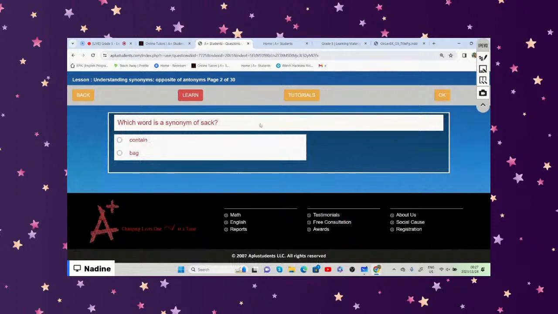Which word is a synonym of sack? Is sack the same as contain or is sack the same as bag?